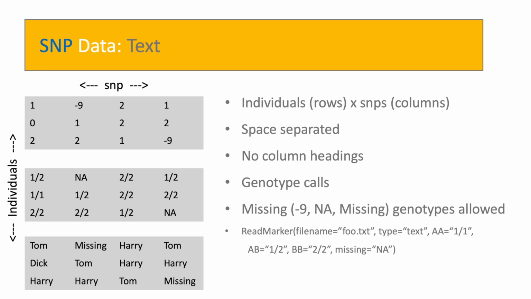In the case of that middle table, the 1/1 is representative of AA, the 1/2 is representative of the genotype AB, and the 2/2 is representative of the SNP genotype BB. The only thing with this is you can't change your coding halfway through. You need to have that same coding all the way through. But other than that, it's pretty flexible. You can have whatever you want.